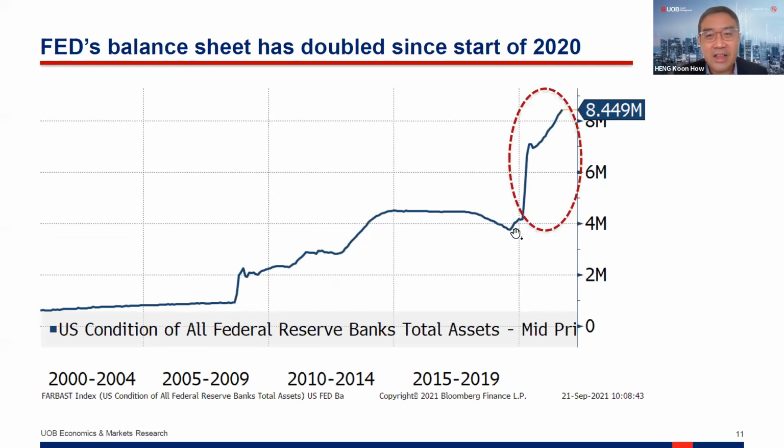Pre-COVID, the Fed had a balance sheet of about $4 trillion US. As of this morning, it is now just under $8.5 trillion US. So basically, the Fed's balance sheet doubled in just 1.5 years, with about $4.5 trillion US worth of liquidity pumped into financial markets. Just think of that number, $4.5 trillion US of liquidity.